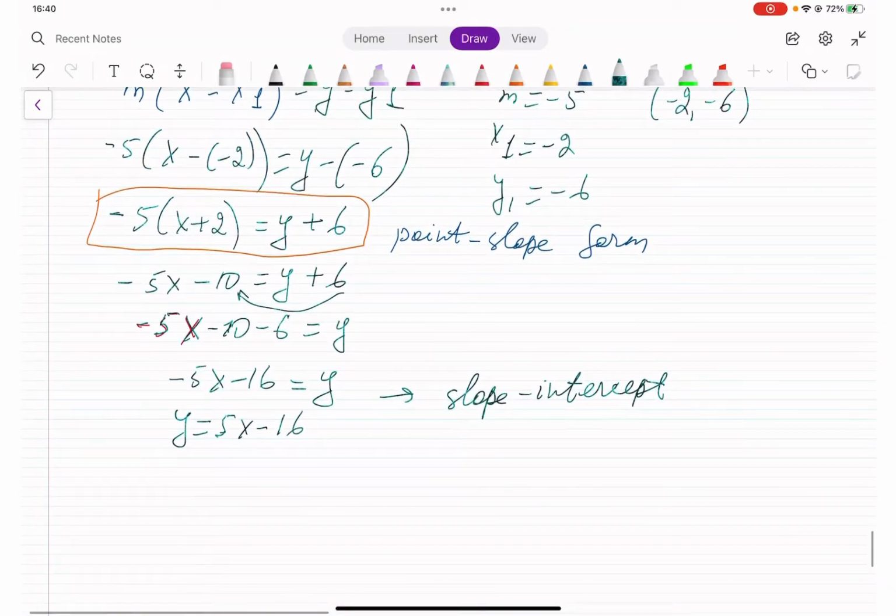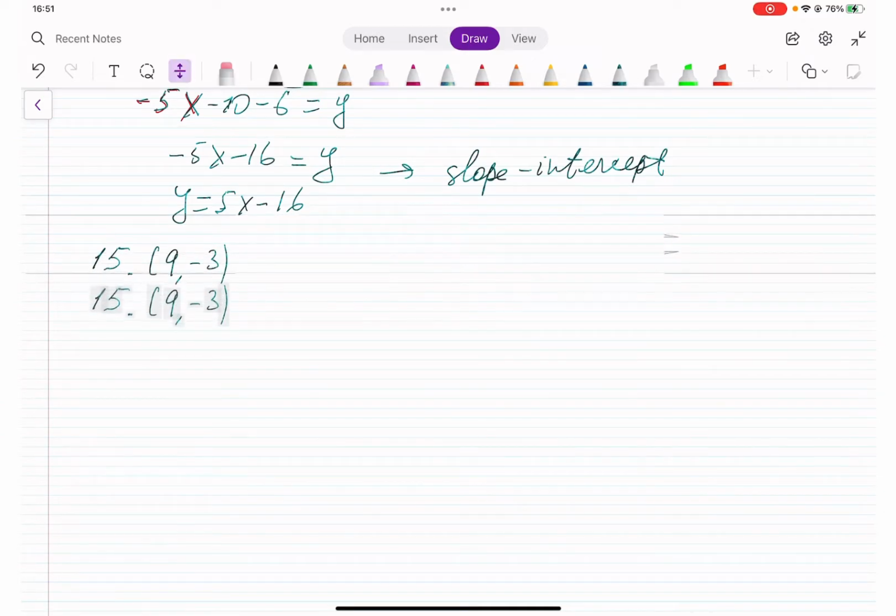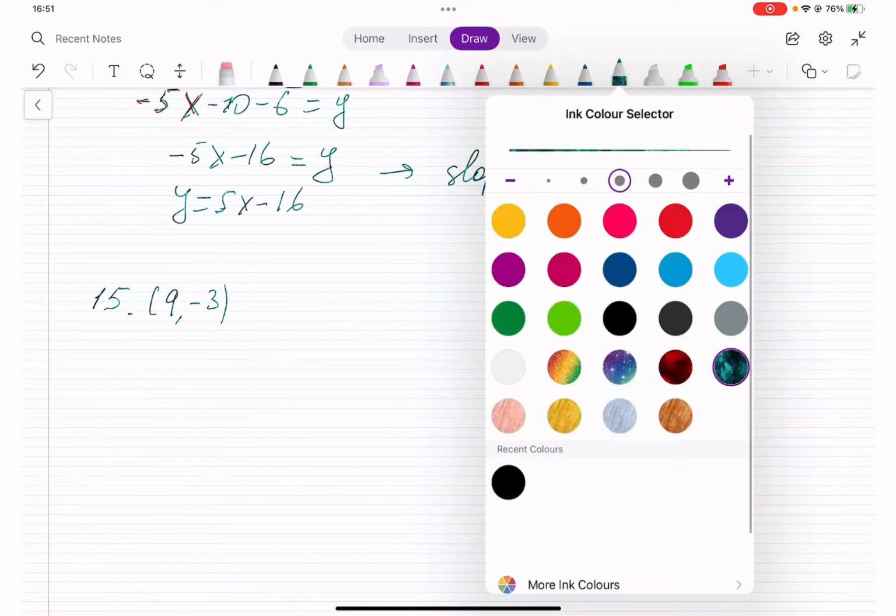Moving to question number 15. So let's see what we have, number 15. So we're given the graph that is passing through points 9 and -3. Let me move a little bit down here, make space. Okay.